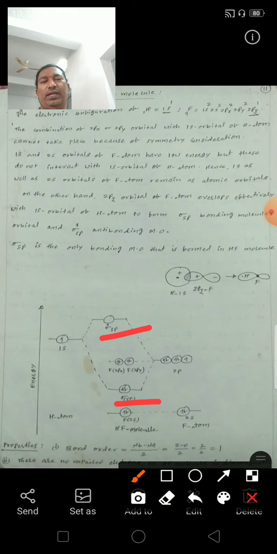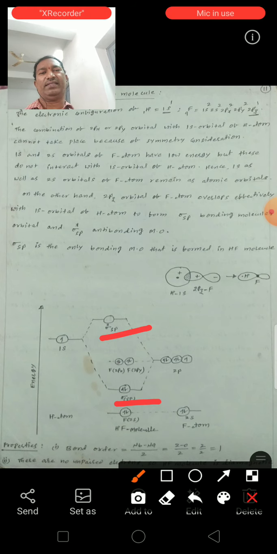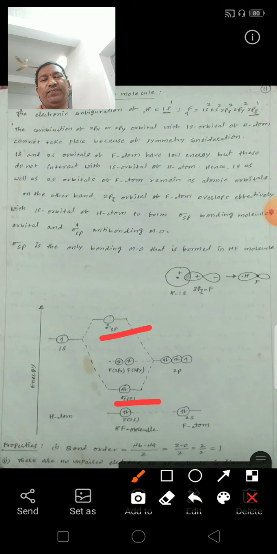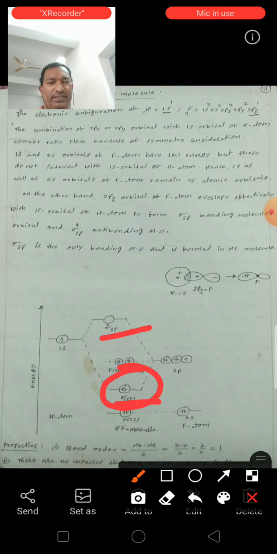So now 2 electrons in the valence shell are filled in the sigma sp molecular orbital.